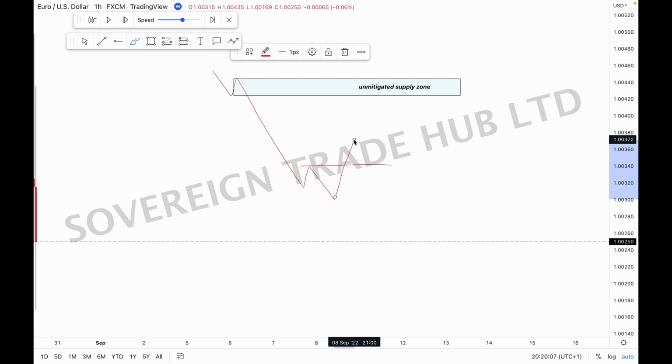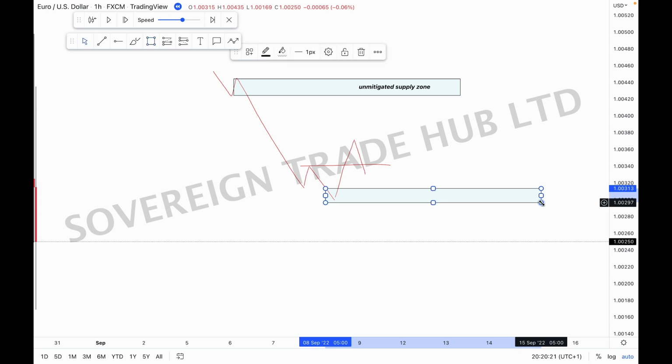So let's say this lower high got violated by price action, and we're waiting for price to actually retrace back into this very zone here. Just pay very close attention to what I'm doing, because it's going to help you very much. So let's say price retraces back into this very zone here.